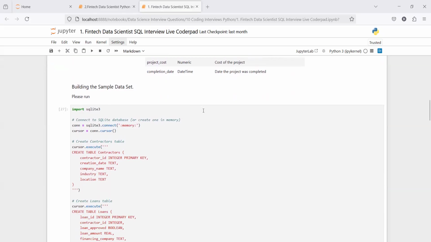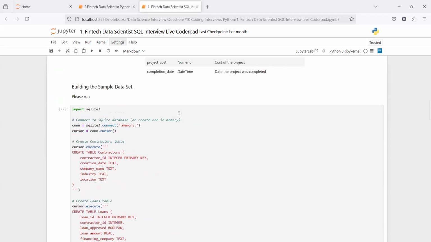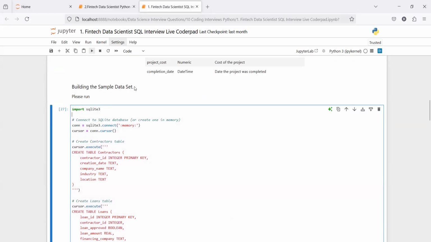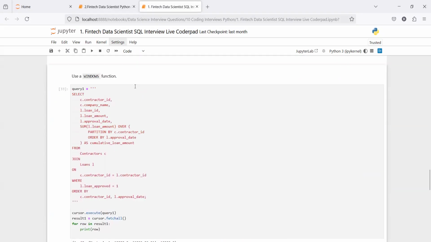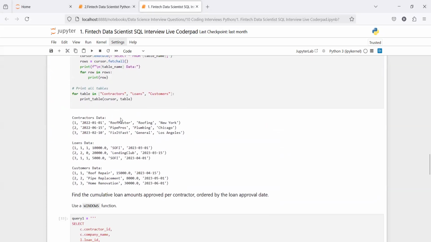So here in this case, I built a sample data set, and it has all the information that the tables are supposed to show: the date, the company, the type of work that they do.